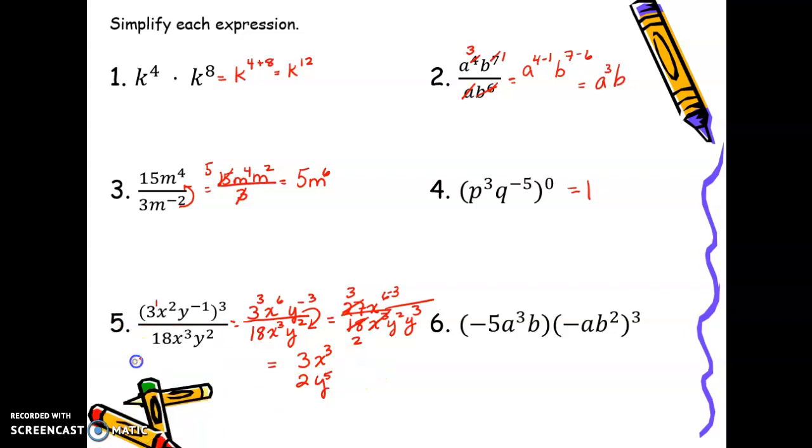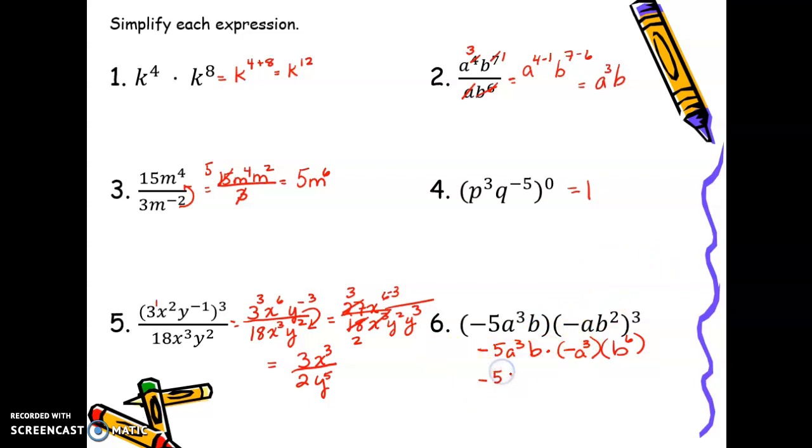So, the last one over here, that's just as it is, negative 5a cubed b times. It's going to be a negative a cubed, and then b, 2 times 3 would be to the 6th. Negative times negative times negative would make that a negative number.